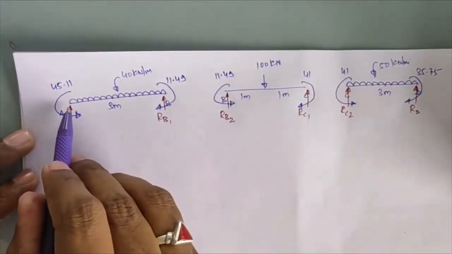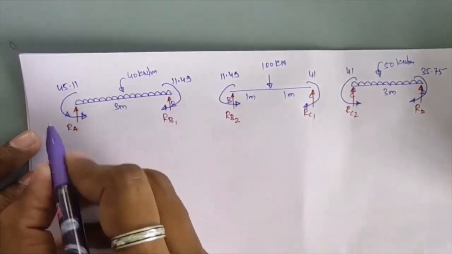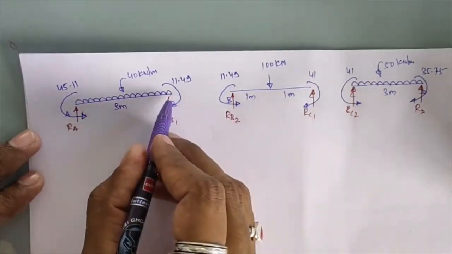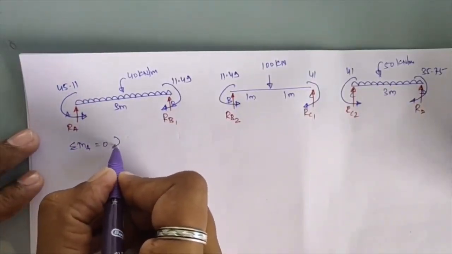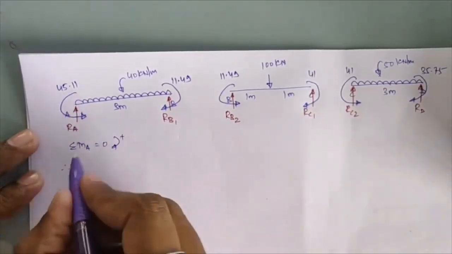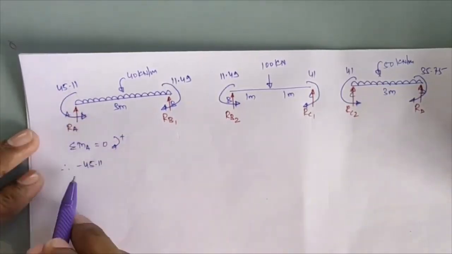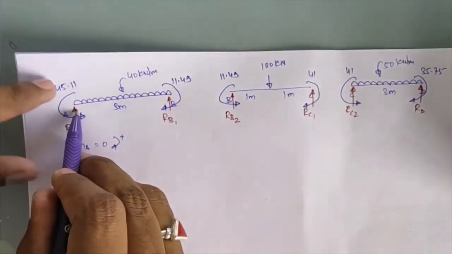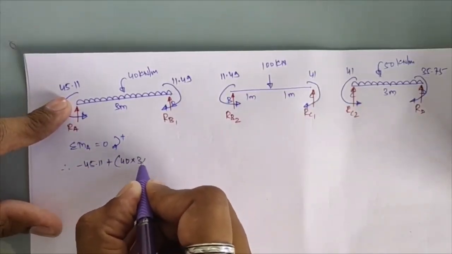So first I am considering span AB over there. Okay, in span AB what you have to do, you have to take summation of moment either at point A or either at point B. I'll take suppose summation of moment at point A equal to 0, treating clockwise moments as positive over here. So whatever moments are acting, that will be taken over here. So minus 45.11, since it is anti-clockwise, that is negative, plus moment of this UDL along this point A, that will come equal to 40 into 3 into 1.5.